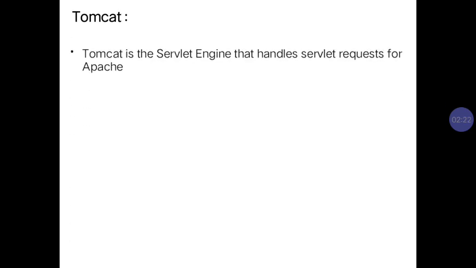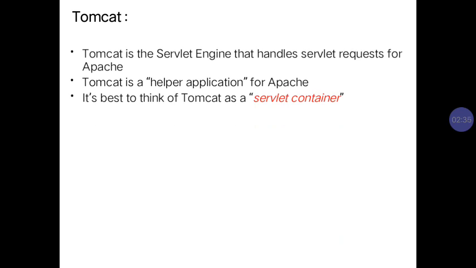On this Apache server, we are using a servlet engine which is going to handle all the servlet requests for Apache, and that servlet engine is nothing but Tomcat. Or we can say Tomcat is a helper application for Apache. This Tomcat is working as your servlet container, meaning servlets are actually situated in Tomcat.